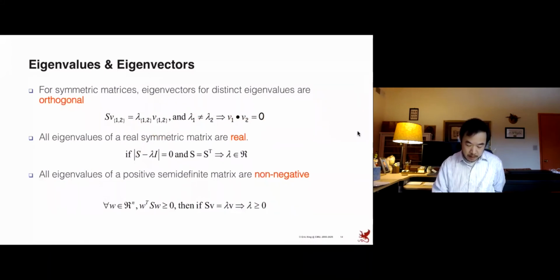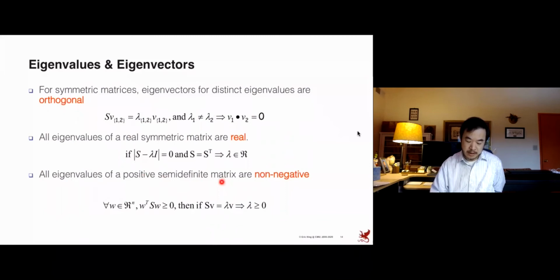If your matrix is real and symmetric, then it is guaranteed that your eigenvalues will also be real. That's a nice property to know. So a symmetric and real matrix makes the condition better. And the condition can be even better if your matrix S is called positive semi-definite.